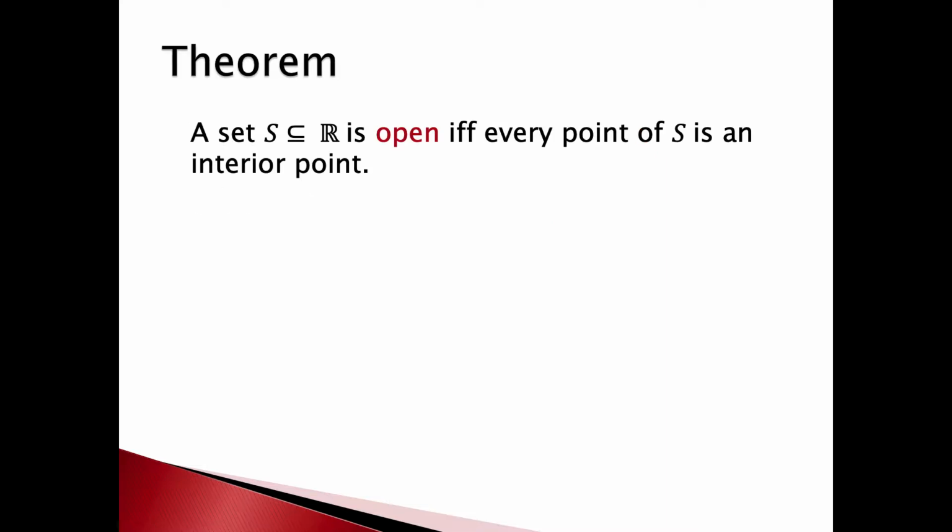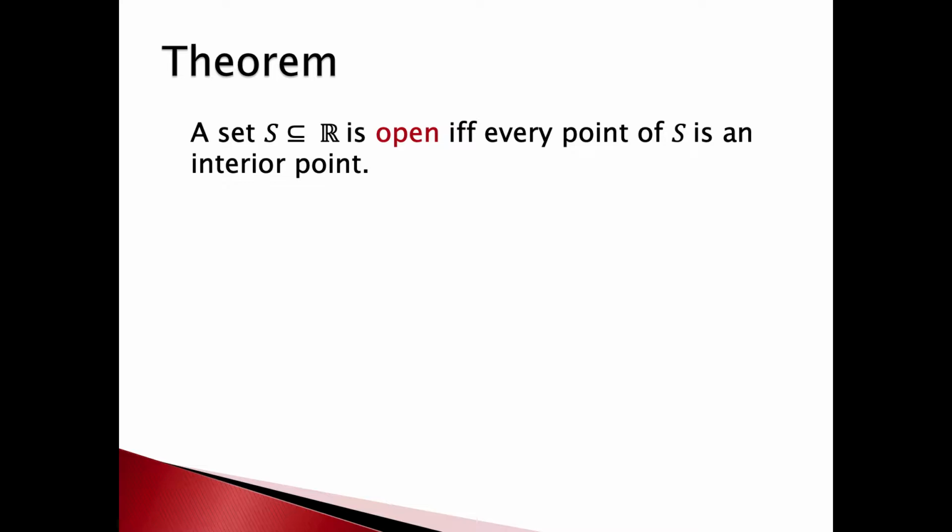For example, a set S is open if and only if every point in S is an interior point. Another way of saying that is a set is open if it is equal to its own interior. That is often taken as a definition instead of our definition, so if you Google or look in other books, you may see this as the definition.